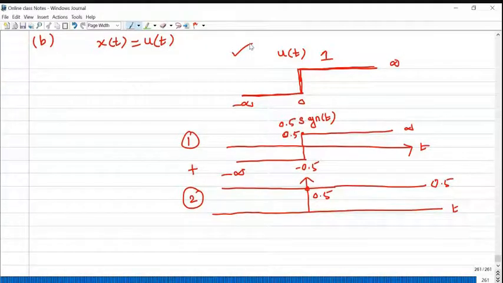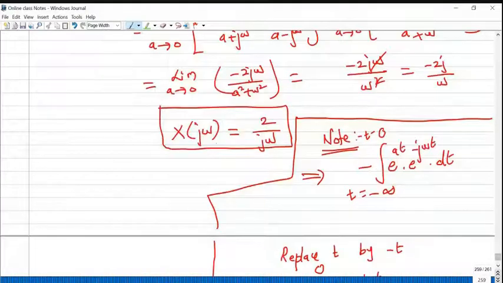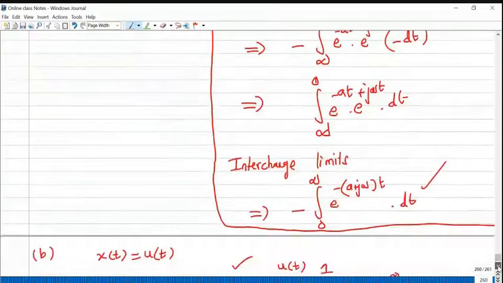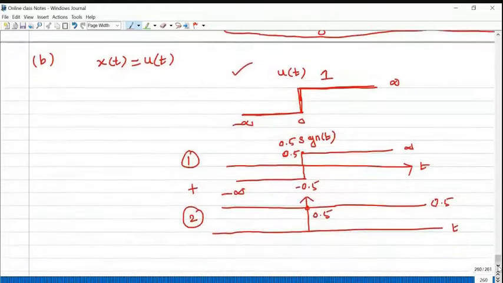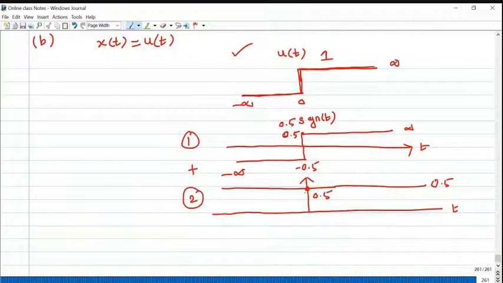t, please remember the result for the Fourier transform of the signum function, 2 divided by j omega. This is a standard formula. Now u of t can be written as 0.5 signum function plus 0.5. This 0.5 is a DC value.